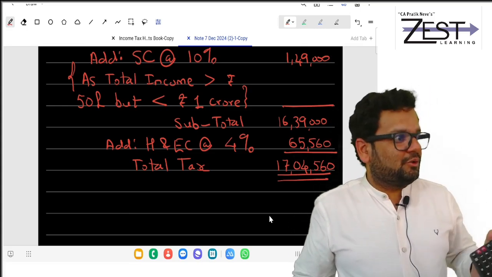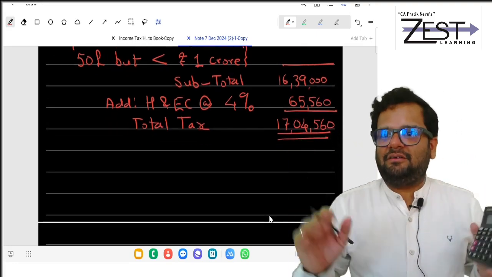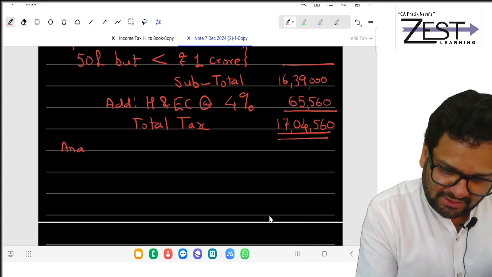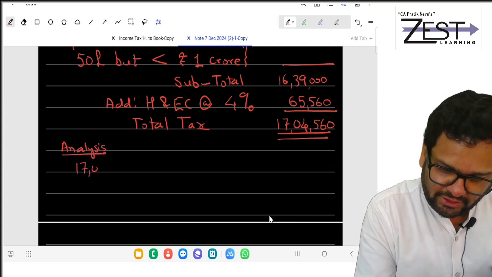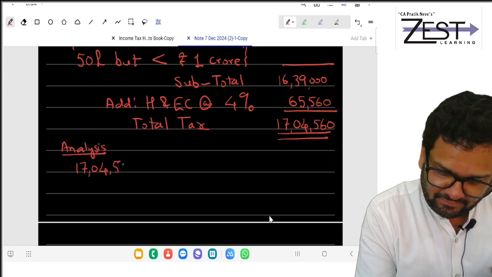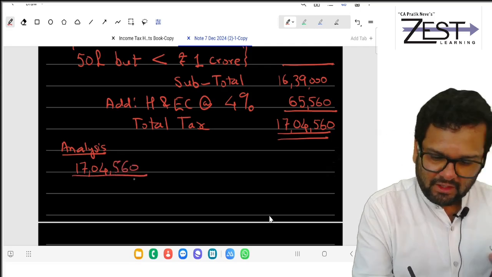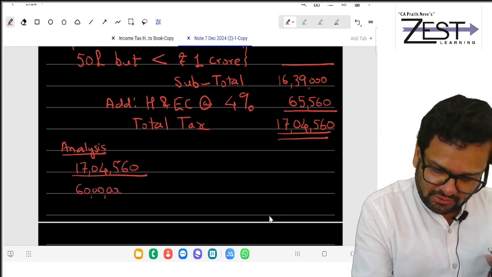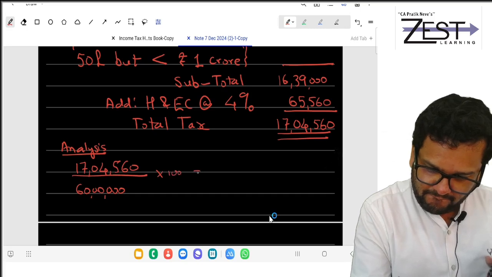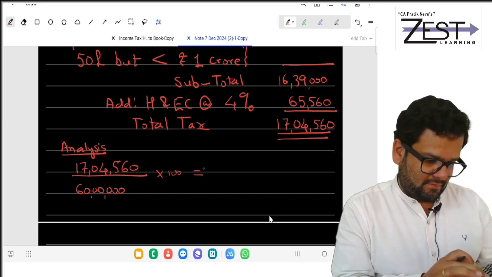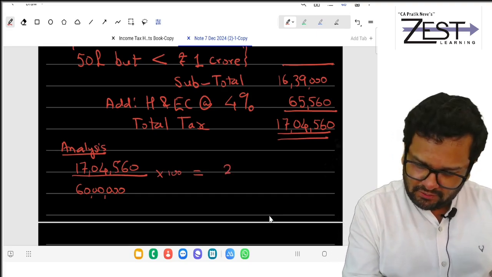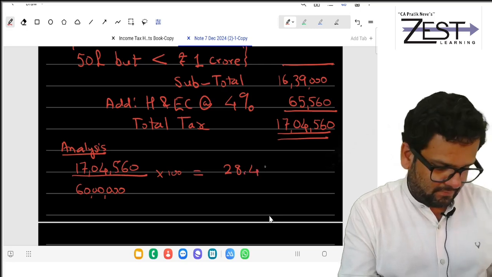Calculate the effective rate, how much you are paying. Not needed, but just for your analysis, just to get shocked. You are paying 17 lakh 4,560 out of the 60 lakhs that you have earned. That is 28.41%.